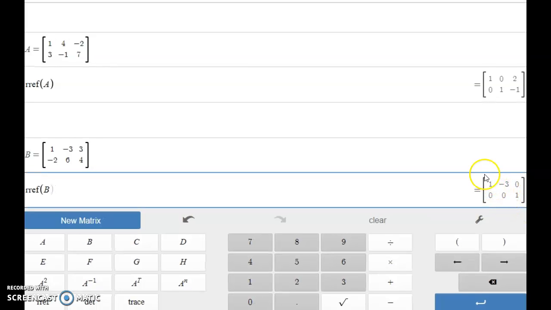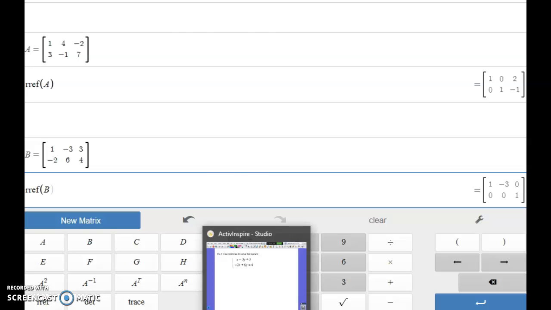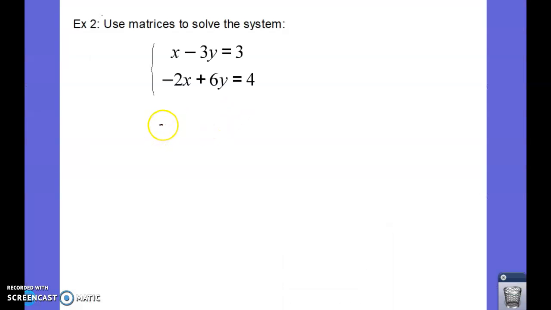Uh-oh. Well, now what we have is a new system. Okay, so let's write that down. Let me explain what this means. So we had that system that was 1, -3, 0, and then 0, 0, 1. So let's write that as a system of equations.